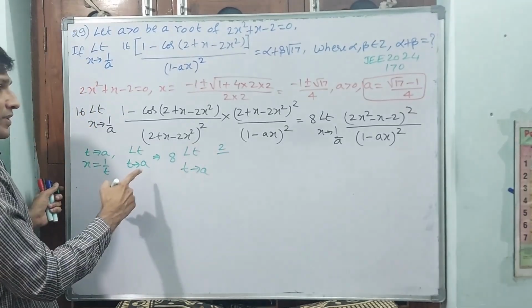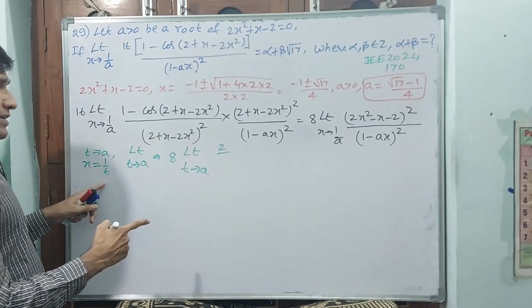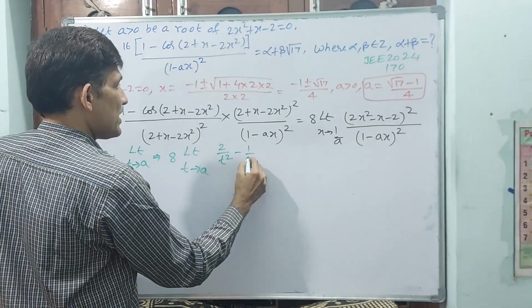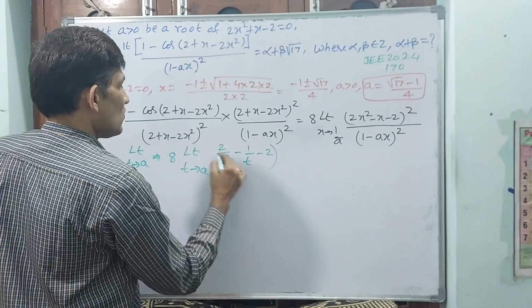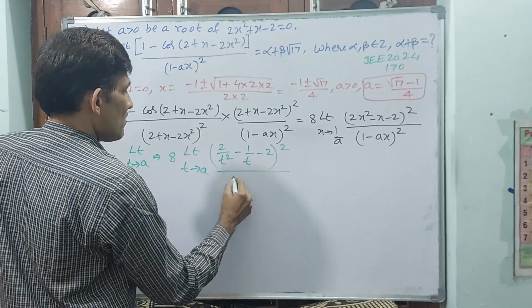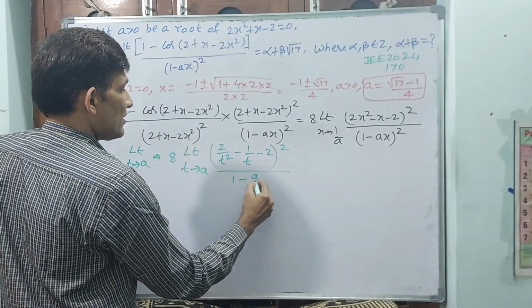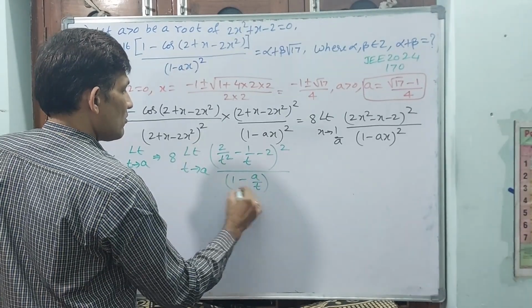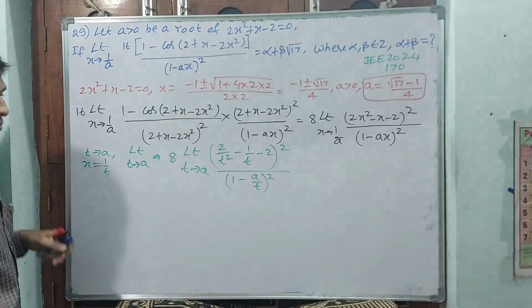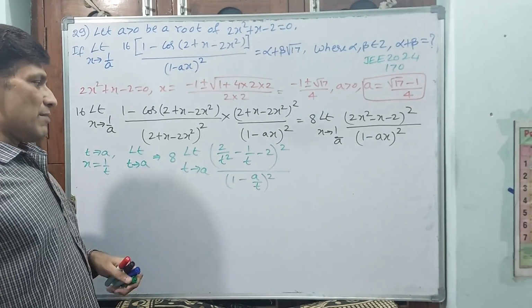Why? Because x² means 1/t², and x means 1/t, that is why. Now t tends to a, directly I am writing.